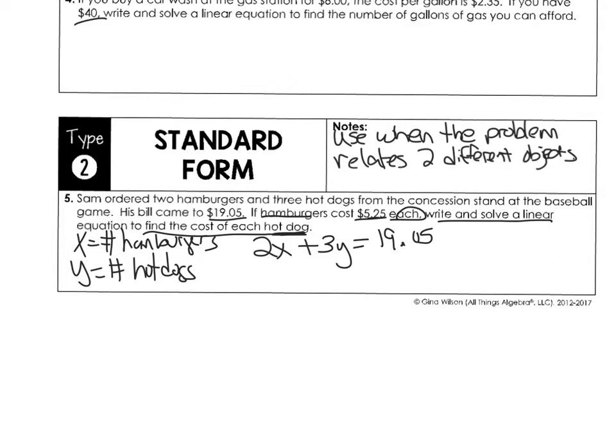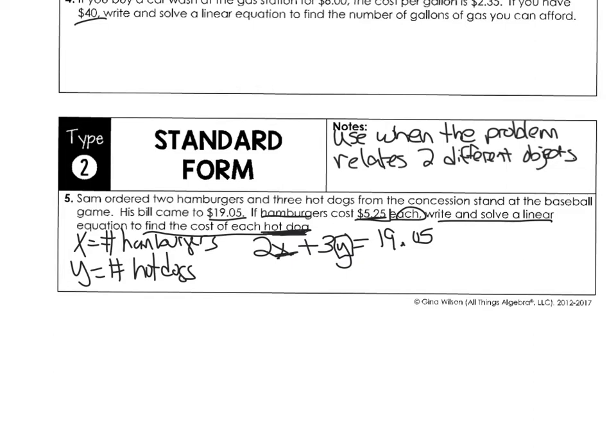So I know that is the situation. Now, I can't solve for 2 variables. I can only solve for 1 variable. So if they want us to know the hot dogs, we're going to be solving for Y. So I need to know what X is.